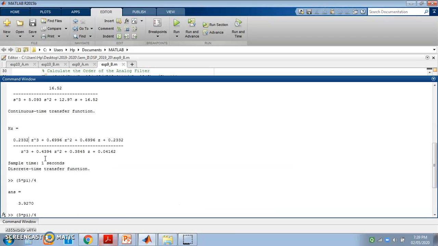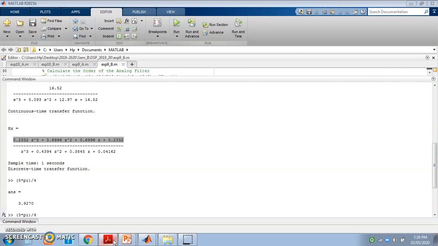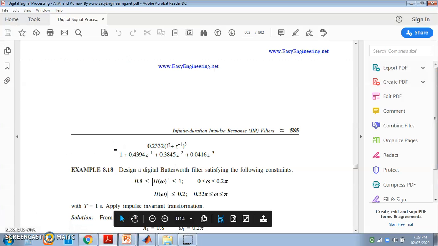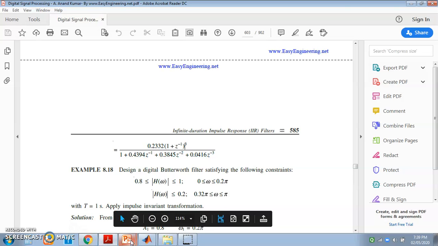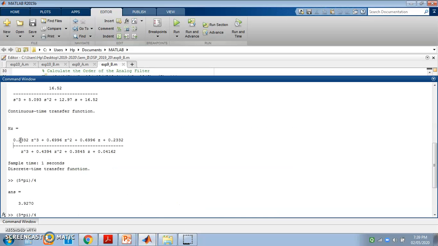So this gives me an equivalent answer that is equal to this one, and here the numerator term in H of z is simply in terms of z cube, because in our analytical solution it is 1 plus z inverse bracket cube. So if we open up this bracket, one can have the transfer function that is equal to this MATLAB solution, which is 0.2332 z cube plus 0.6996 z square plus 0.6996 z plus 0.2332.